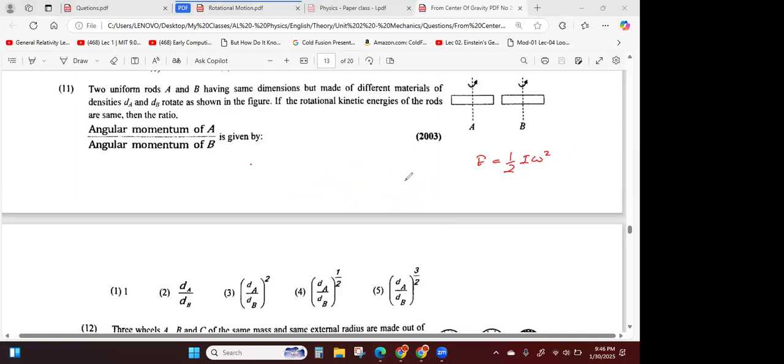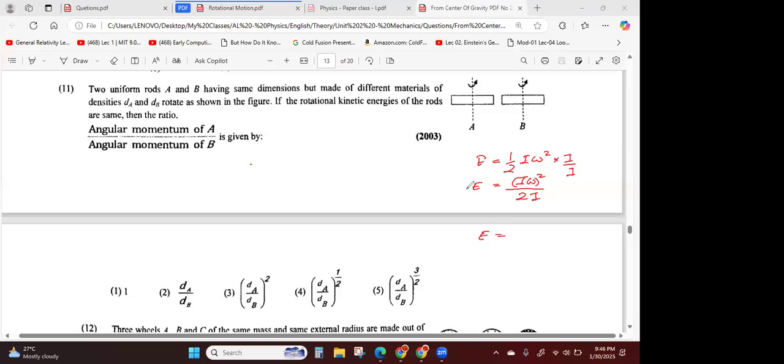Now in this equation I multiply by I and divide by I. Then E equals I squared omega squared in the numerator over 2I.